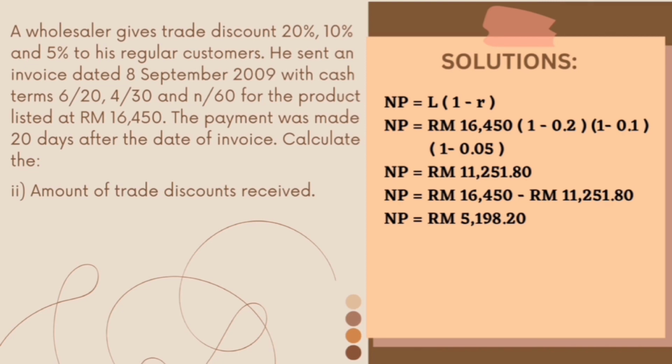NP equals 11,251 ringgit and 80 cents. The trade discount is 16,450 minus 11,251 ringgit and 80 cents, which equals 5,198 ringgit and 20 cents.